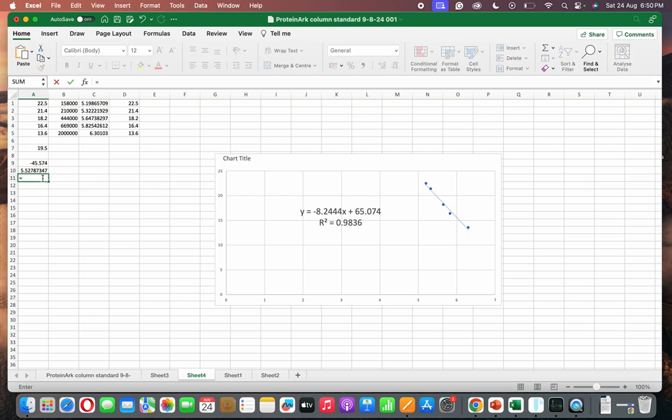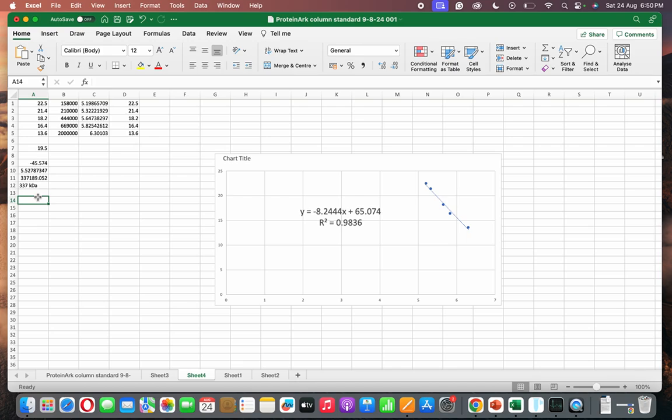To find the actual molecular weight, I have to take the antilog of this, which is giving me an approximate molecular weight of 337 kilodalton. Makes sense.